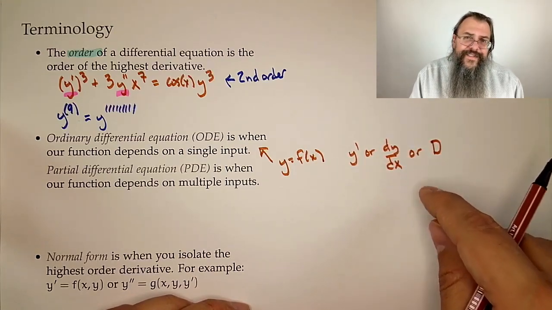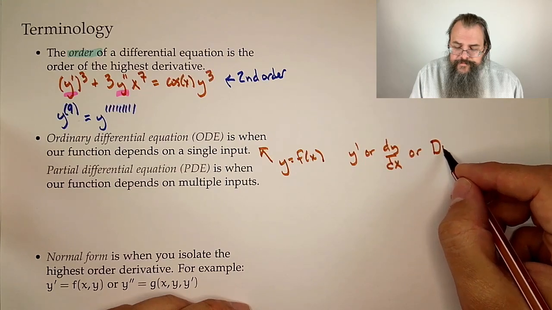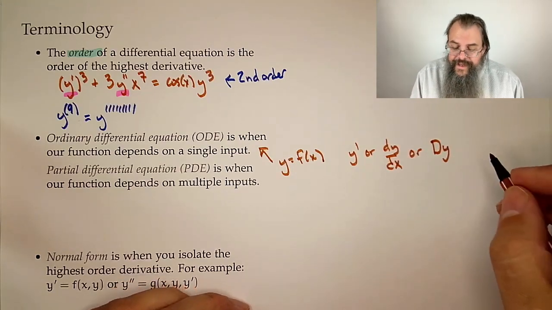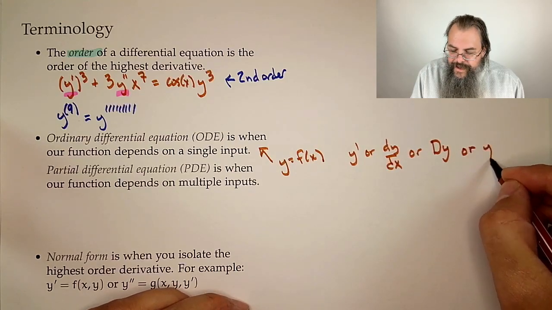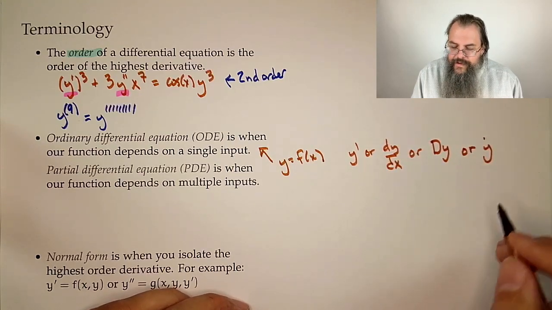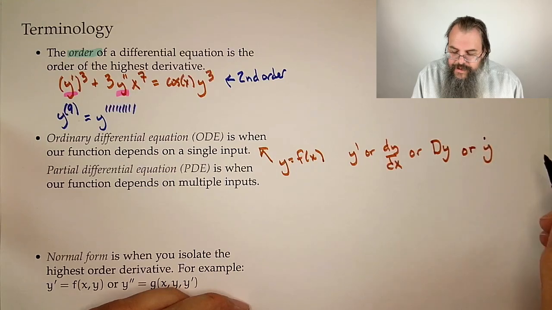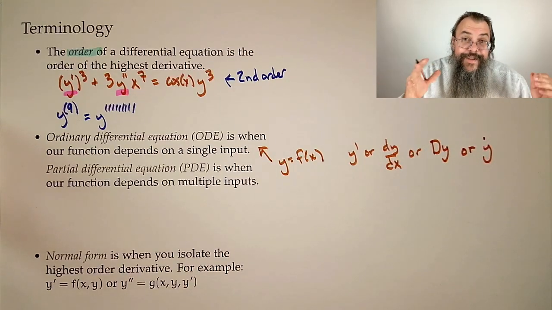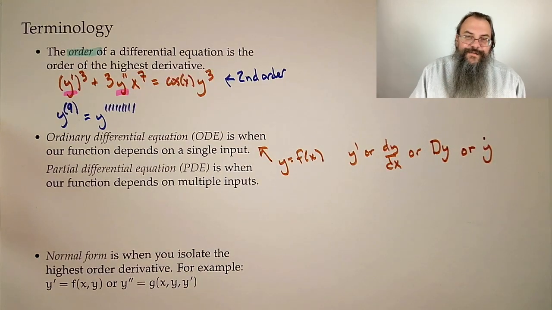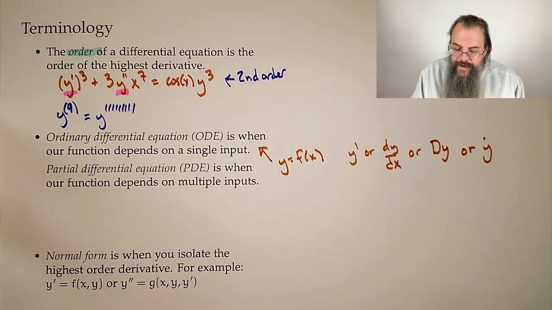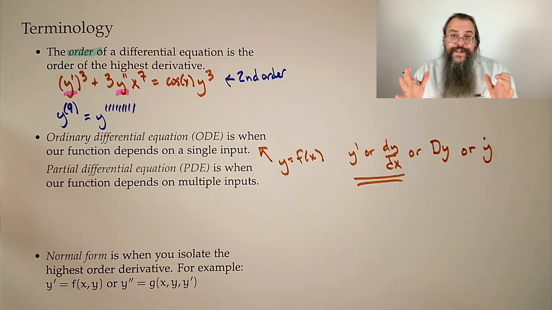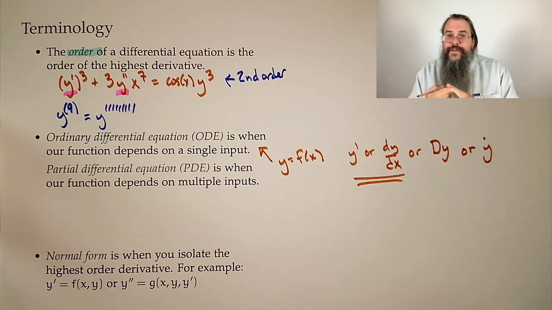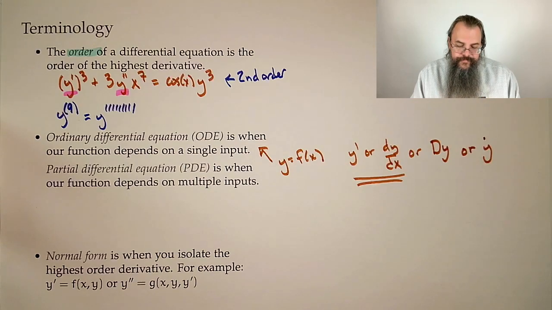This is not quite so common, but, well, things exist. If you go back to Newton, he would do something like this, y dot. Well, okay, dot is a very rare notation, but it exists. But most of the time, this is the kind of thing that you'd see. All right, so that's an ordinary differential equation, a differential equation where we have functions y equals f of x.